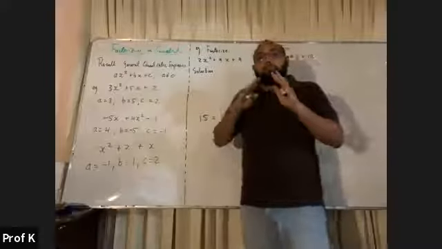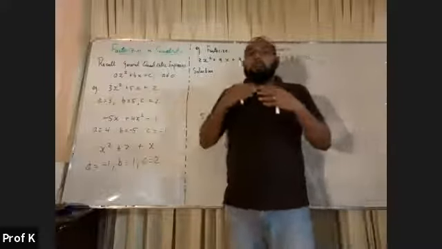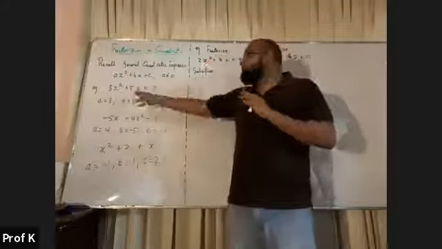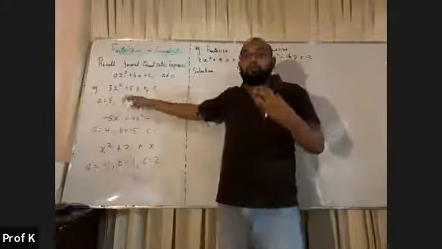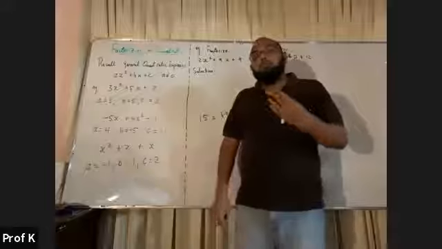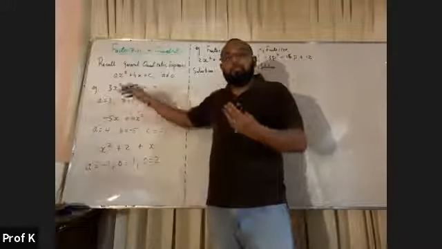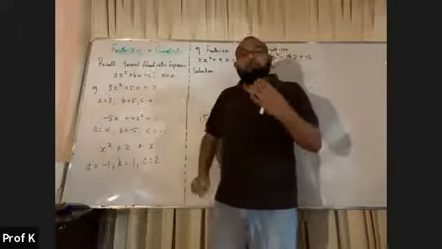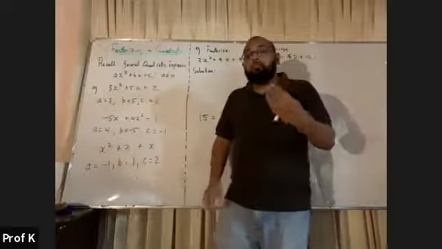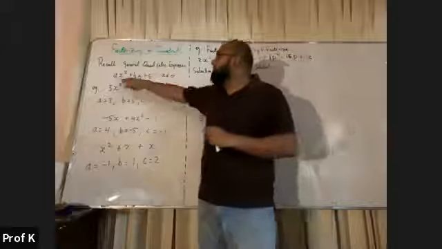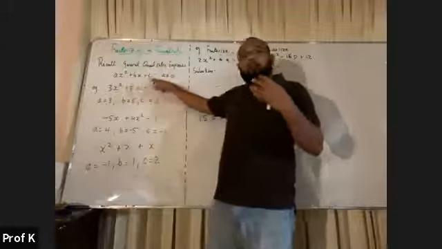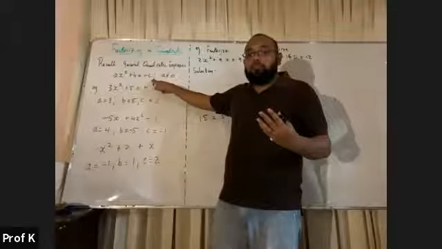Now, when we deal with algebra and algebraic expressions, these are just representatives of numbers. We don't know the value of the numbers, but they are representations of the numbers. A quadratic is a polynomial or an expression which looks like this: a term with x squared, a term with x, and possibly a constant by itself.